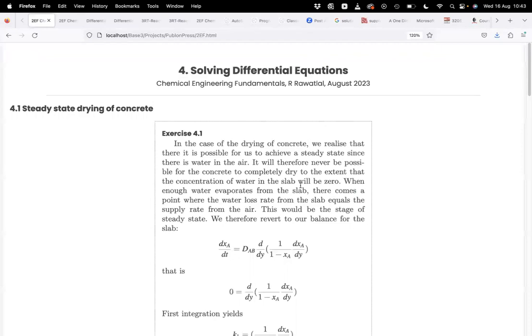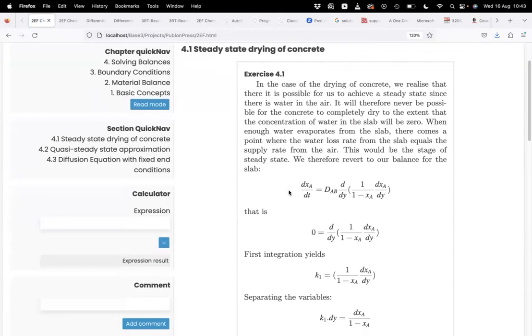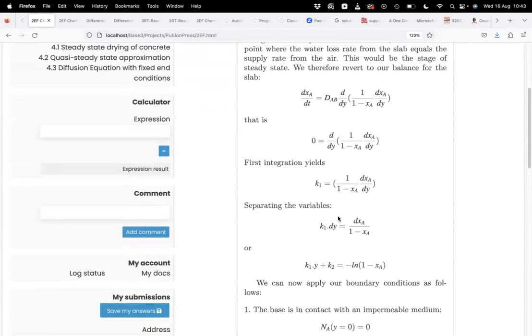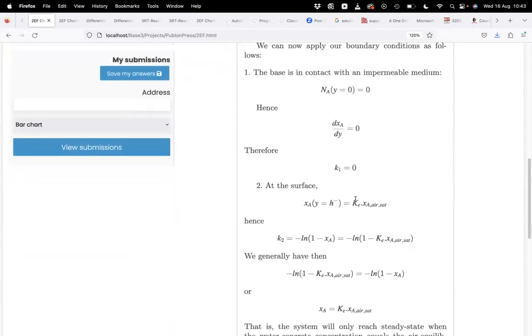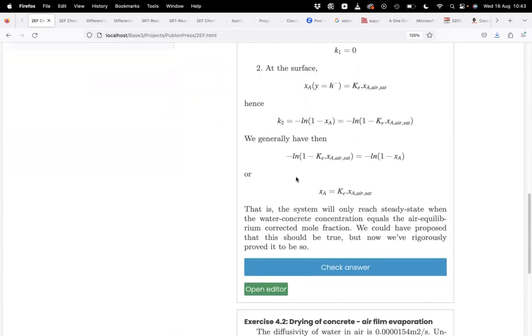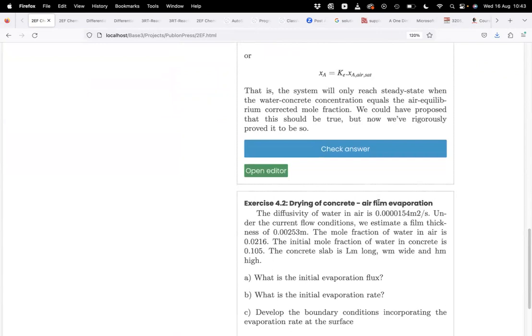Okay, so that's what we were talking about. I'm just going to turn off this read mode for myself. So here, that was what we worked through, and we found that we got that solution, which is kind of a trivial solution. We had also, not yesterday, on Monday, introduced the notion of the film theory.